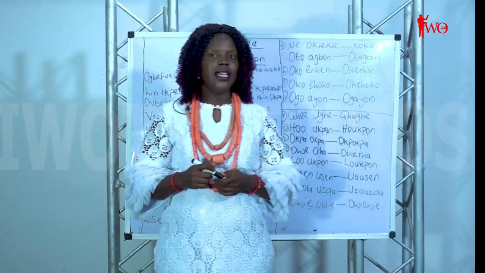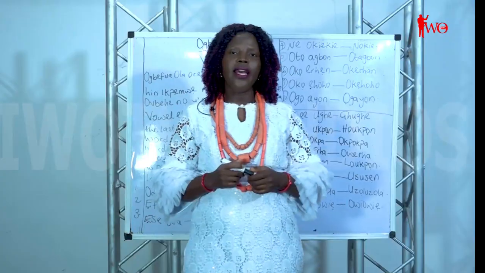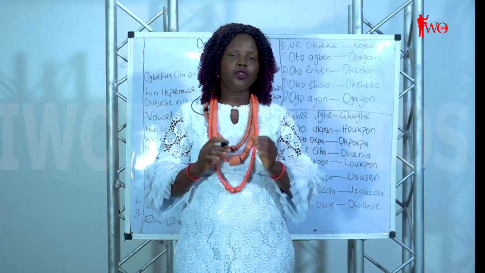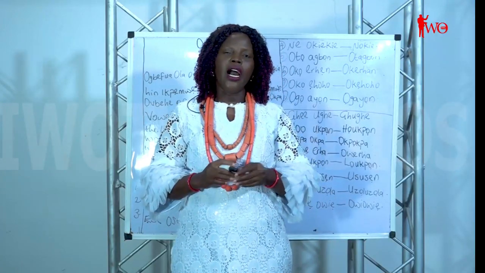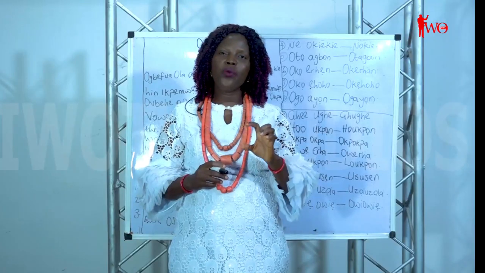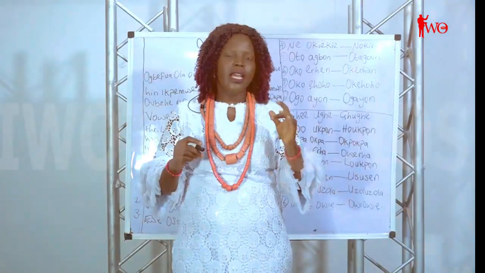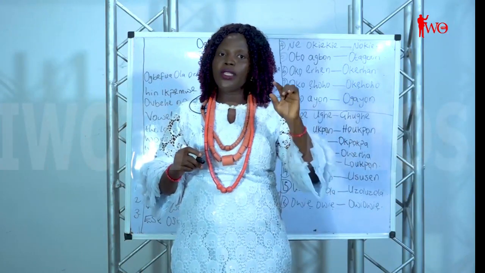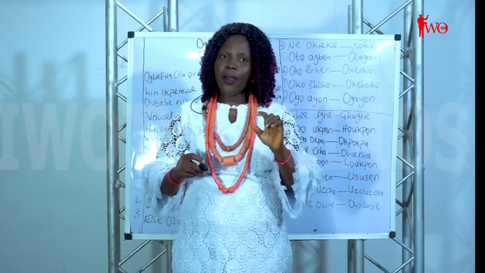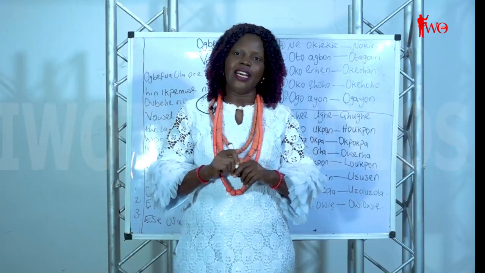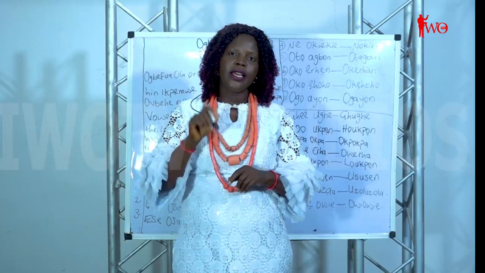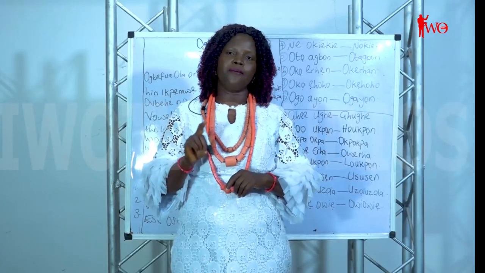Now, I just said that for vowel elision to be balanced, the word has to begin with a noun or a verb. That means the first word has to begin with a noun or a verb, while the ending letter will be a vowel letter.